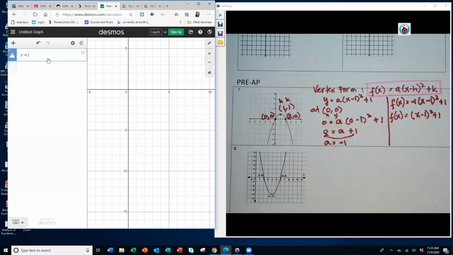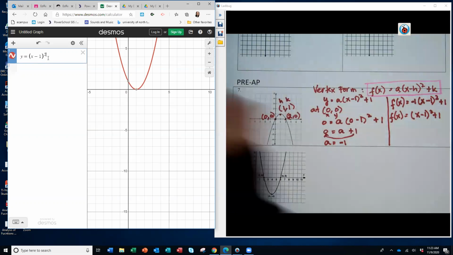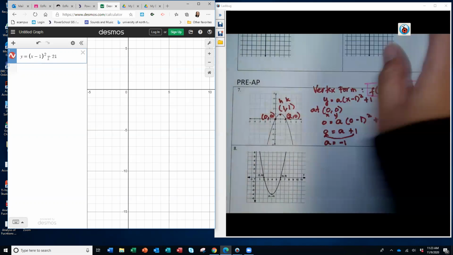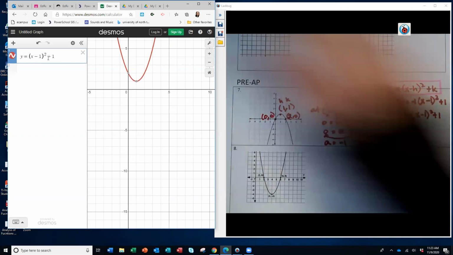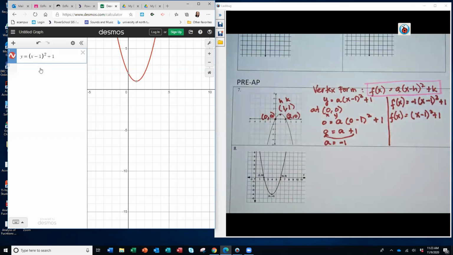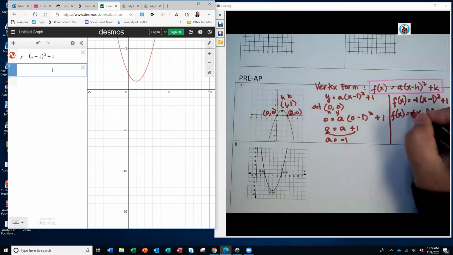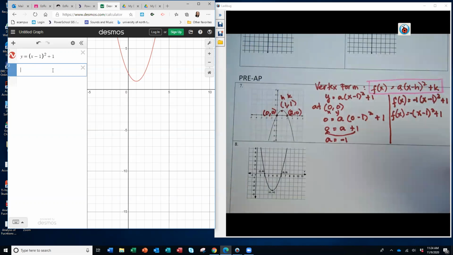So I have (x minus 1) squared plus 1. Now let's compare. Oh, it is a negative. Look, guys, I forgot the negative. So there should be a negative on the outside.